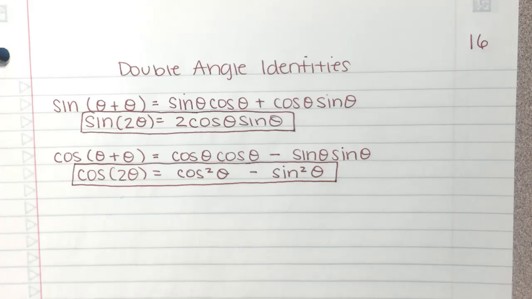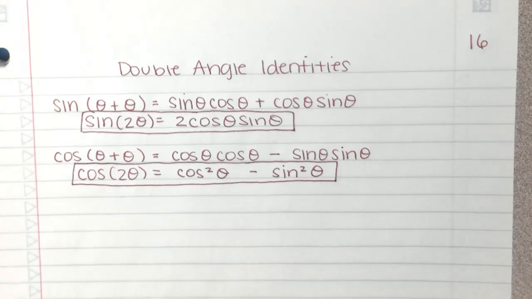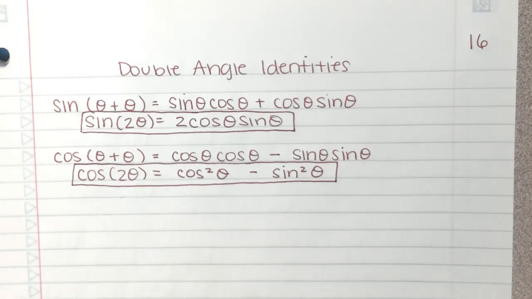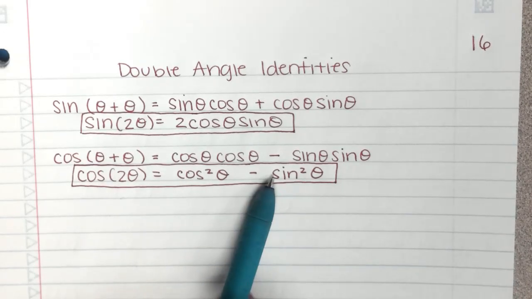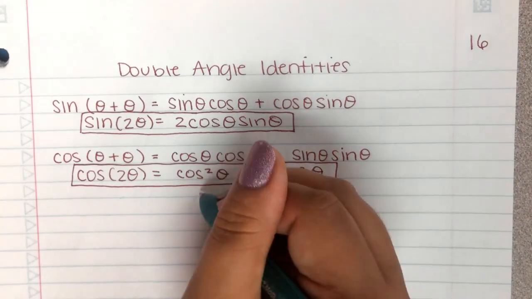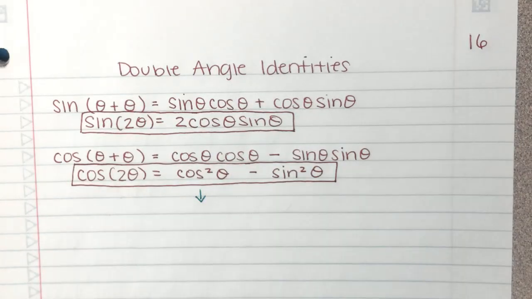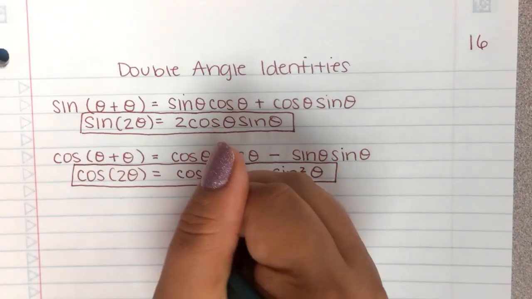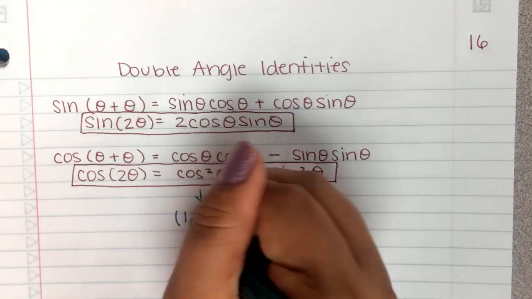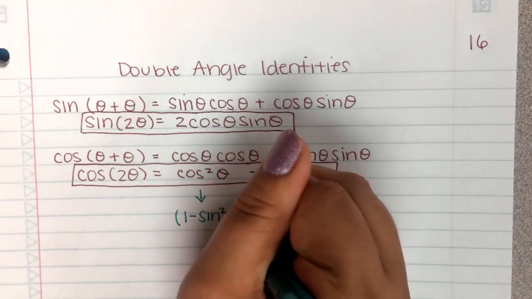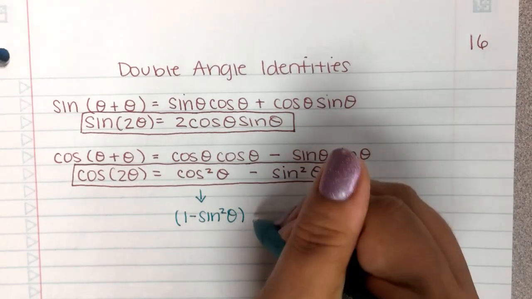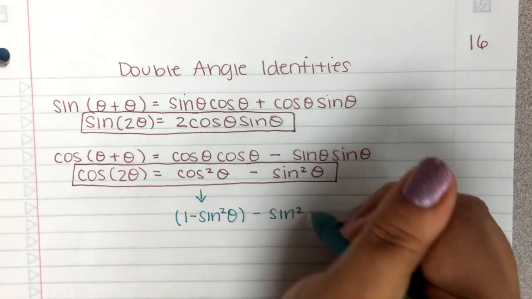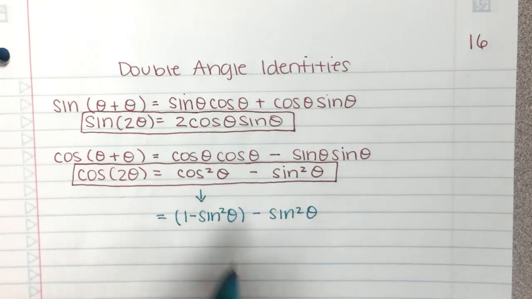Now, I could substitute in a Pythagorean identity. Like, let's say I don't have both sine and cosine. I could make this cosine, do y'all agree? Cosine squared theta is equivalent to 1 minus sine squared theta. Don't you agree that's equivalent?